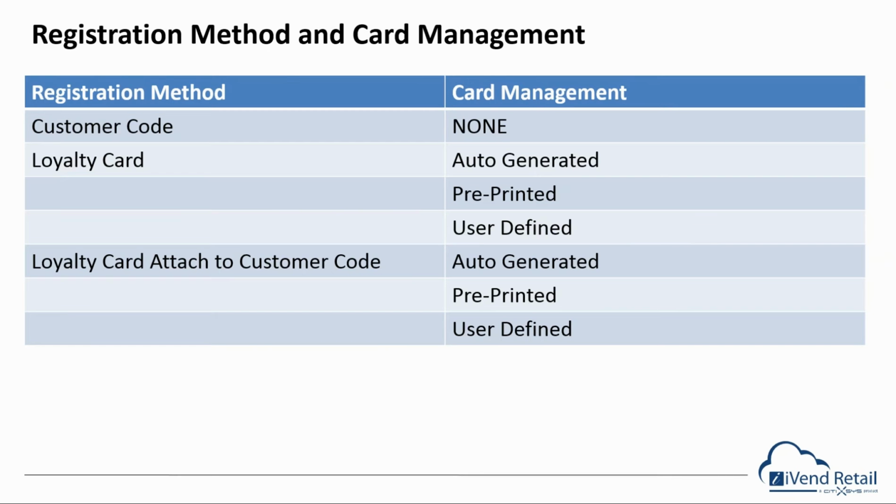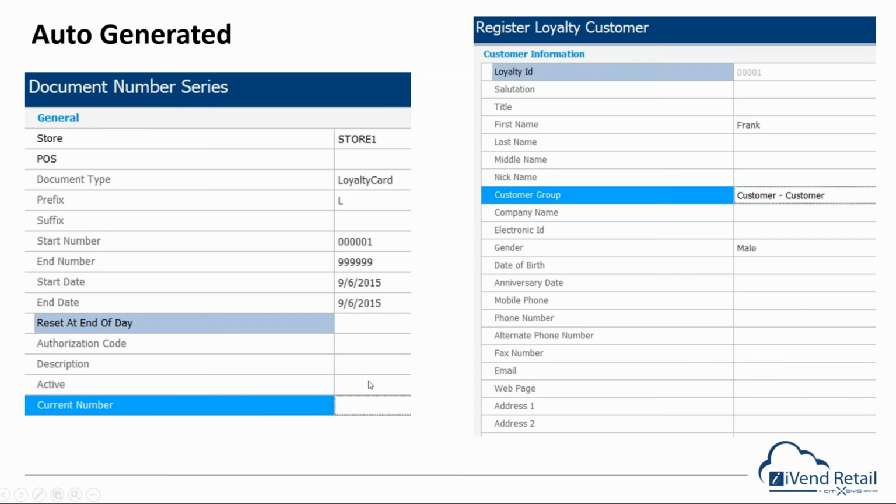Now, auto-generated, pre-printed, and user-defined. Auto-generated codes are generated within the system, and this means that we can set up an actual document numbering series.